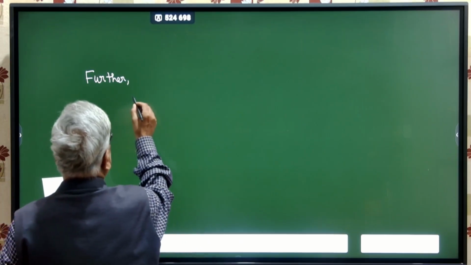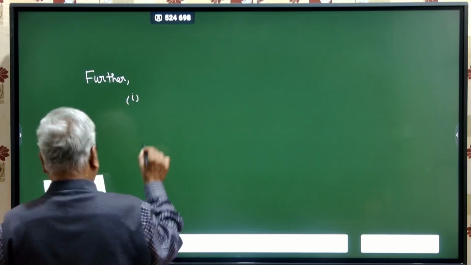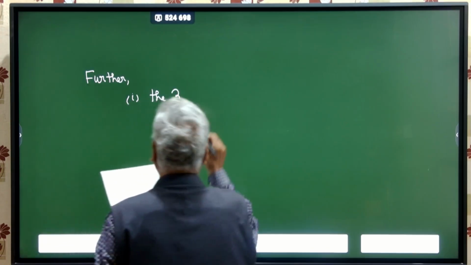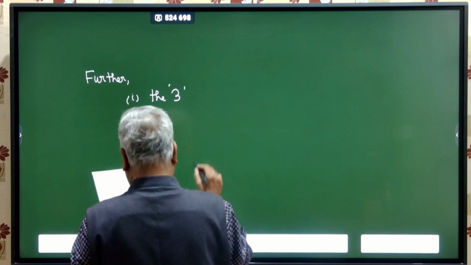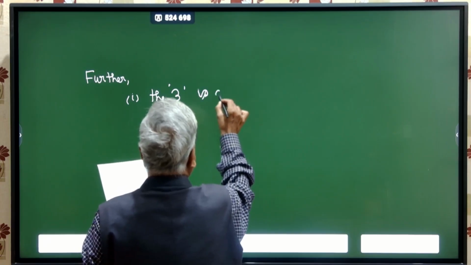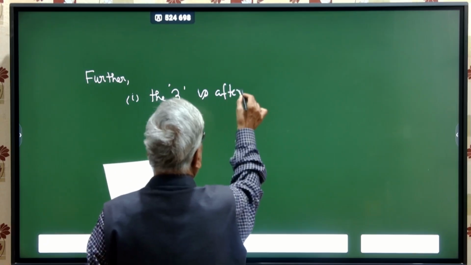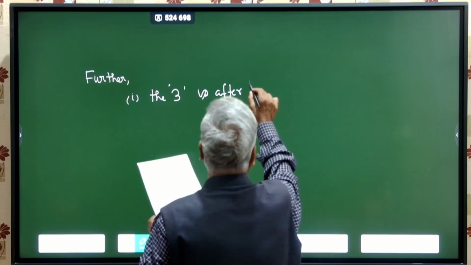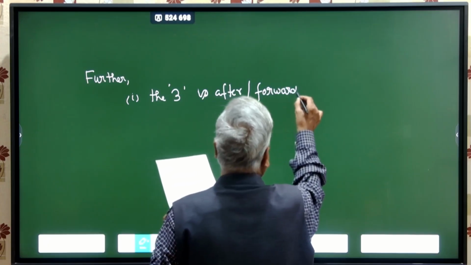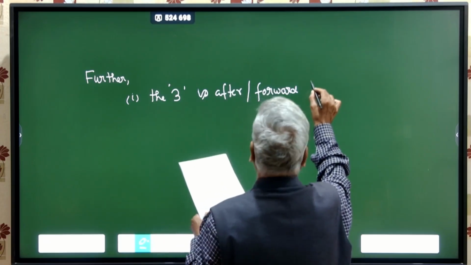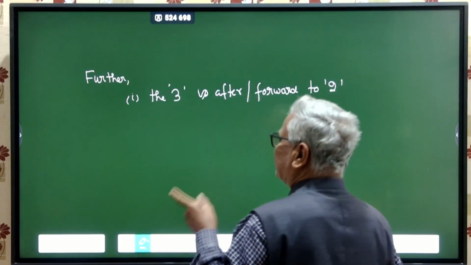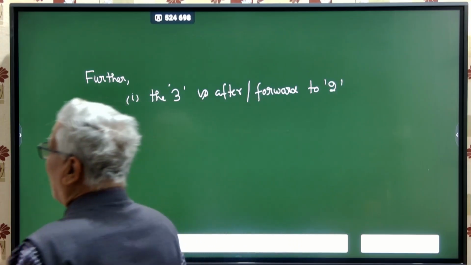First, the 3 which I have already mentioned here is after, forward to 2. इसका मतलब ये हुआ कि 2 के बाद 3 आता है, 1 के बाद भी 3 आता है.